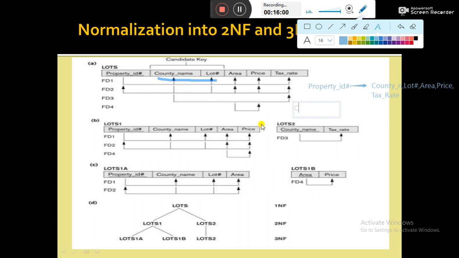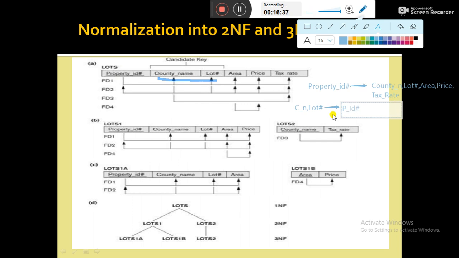I'm writing in short C underscore n, county name. C underscore n is the county name. Say for example lot number. Then there will be an arrow. County name and lot number as a whole will determine property ID. P underscore ID, in short, I am writing it. You have to write it in full.